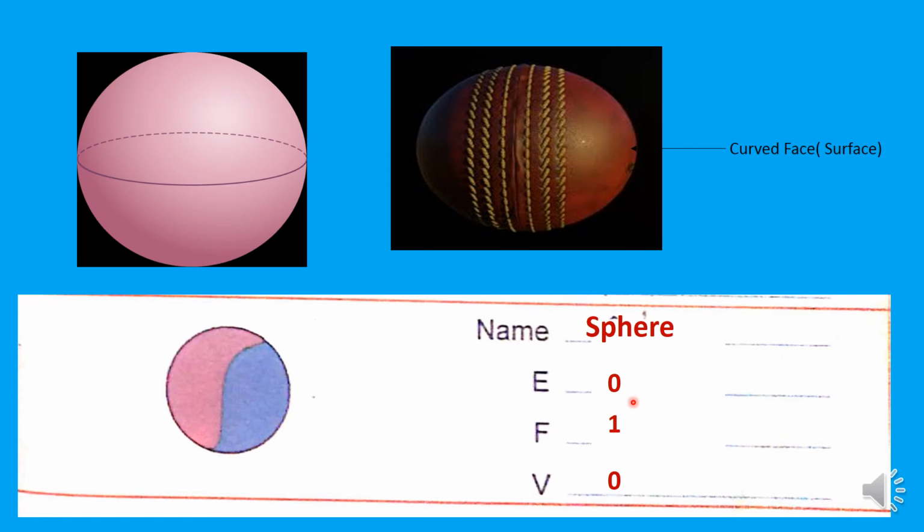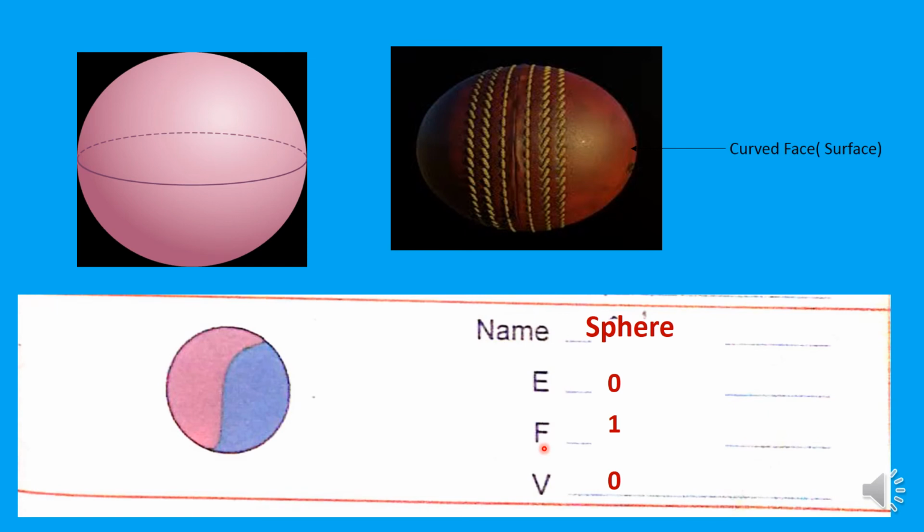A line where 2 faces meet. But a sphere has only one curved face. A 2-faces meeting place is the edge. But in a sphere there is only one face, so no meeting place, no edge, no line. So a sphere has 0 edges. That's why we are writing 0.